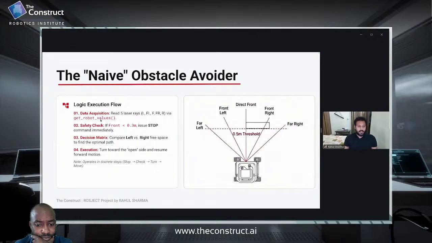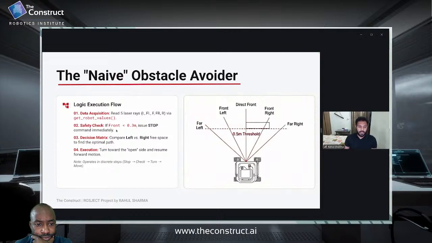So this is basically the workflow of our code. We will collect the data from the getters, and then we will safety check the data accordingly. Here, I have put 0.3 meters.